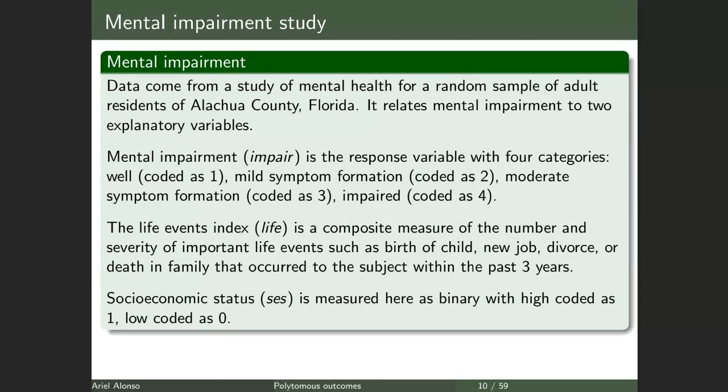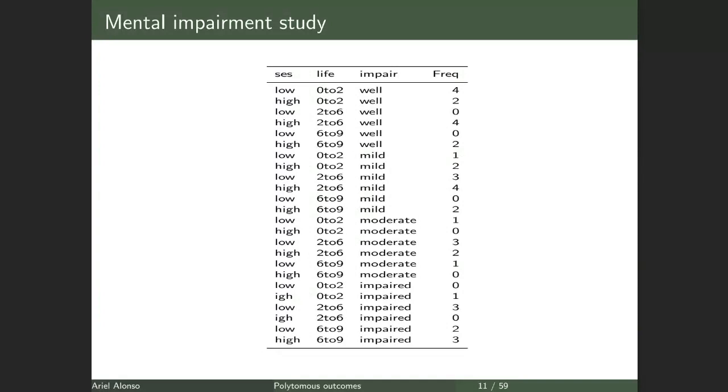In this case, we are going to consider 1 for people that have a high socioeconomic status, and 0 for people that have a low socioeconomic status. And it's also logical to think that the economic situation a person is in has an impact on the mental status, the mental impairment of an individual. Probably, if you don't have a way to pay your bills, that is going to affect you psychologically very seriously. So these are the two covariates.